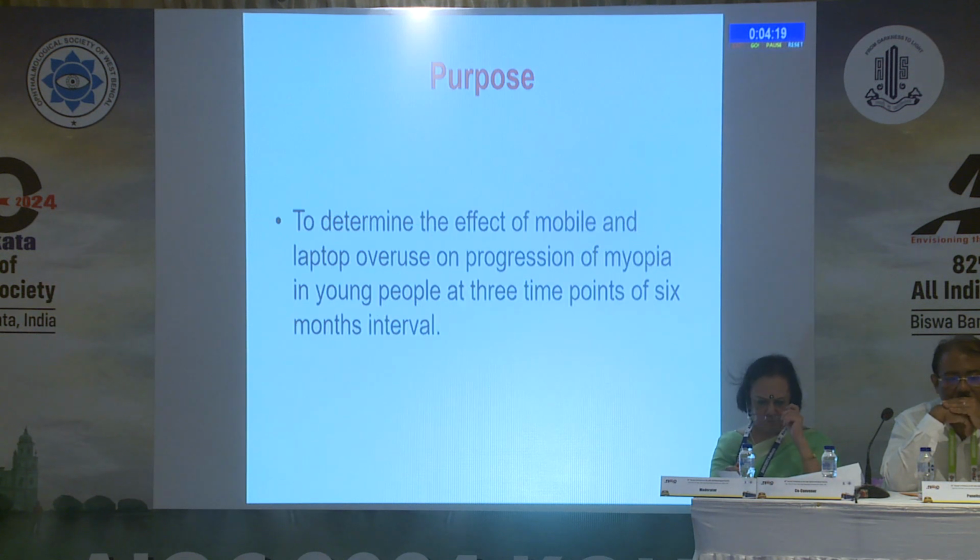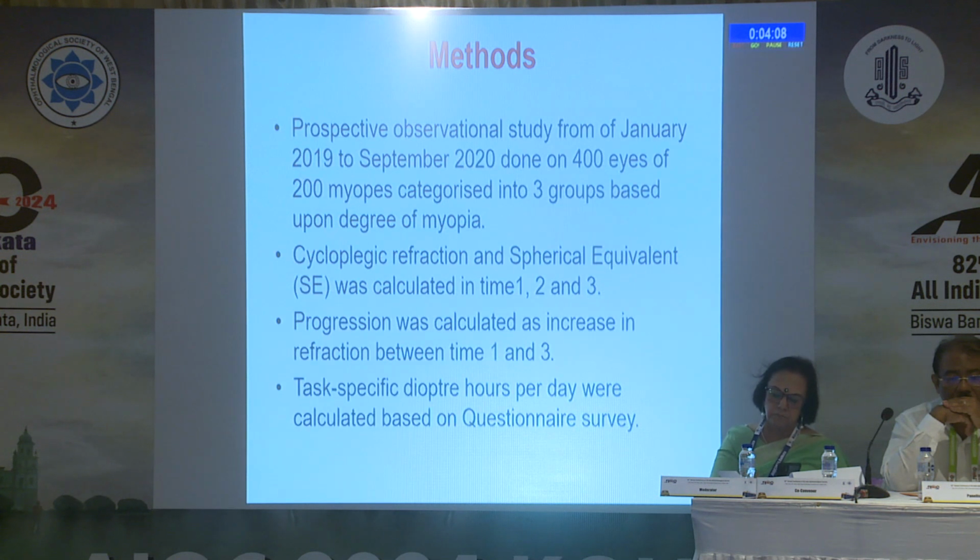So the purpose was to determine the effect of mobile and laptop overuse on the progression of myopia in young people at 3 time points at 6 month intervals. A prospective observational study was done from January 19 to September 20, over 400 eyes of 200 myopes, categorized into 3 groups based on the degree of myopia.